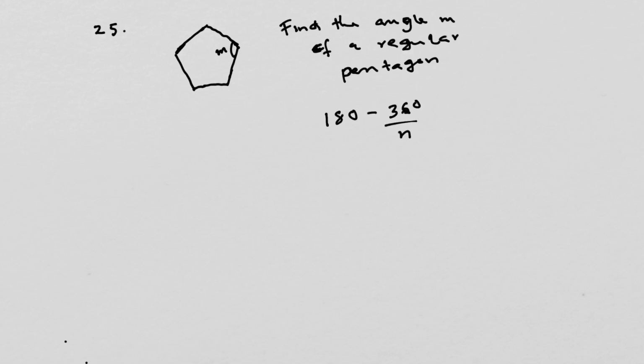This has 5 sides. So we have 180 minus 360 over 5. 360 divided by 5 is 72. So we have 180 minus 72. This is 108 degrees.